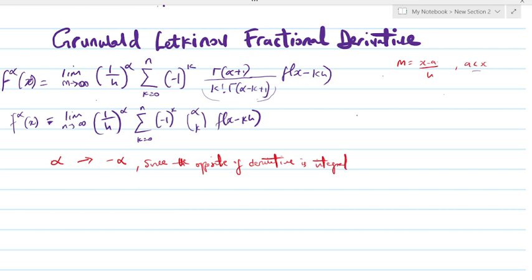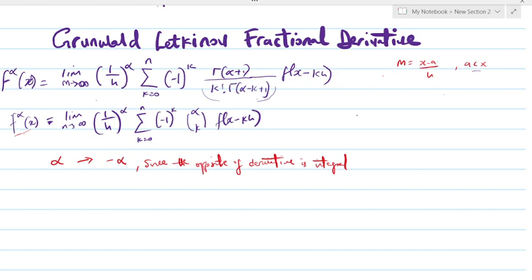So in a nutshell, what we want to do is find the fractional integral. I want to convert this derivative to an integral.